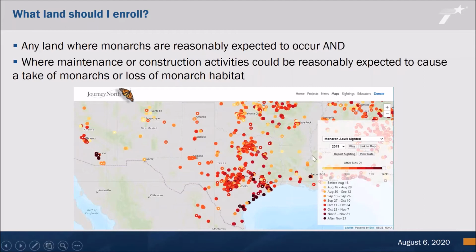But as you can see, this is just a map from Journey North. Monarchs occur across the whole state of Texas. There are some places where the density looks to be a bit lower, but it's important that we consider the limitations of citizen science there. Just because there aren't many monarchs spotted in the El Paso region doesn't necessarily mean anything because of how low the population density of humans is there.